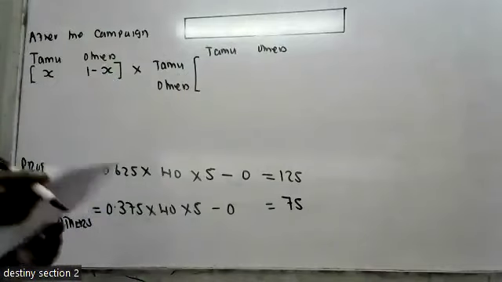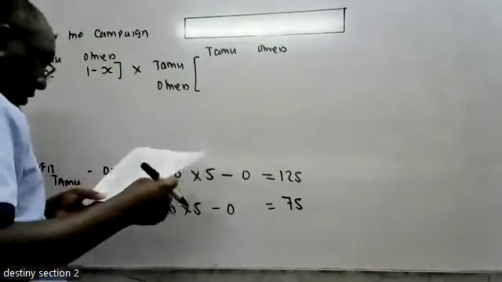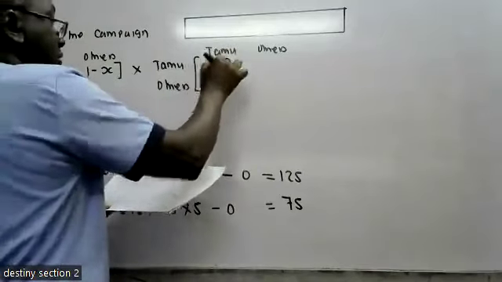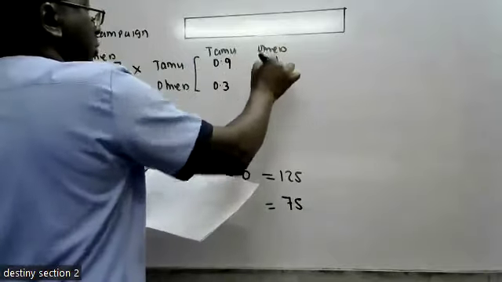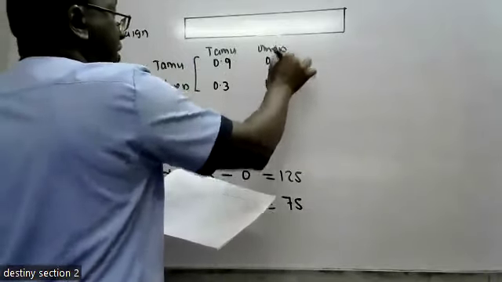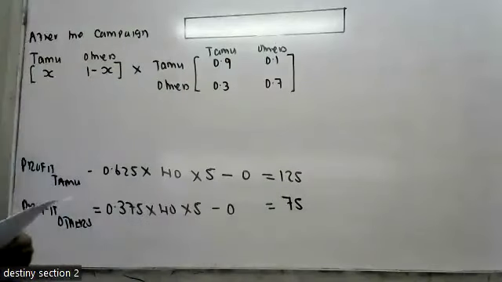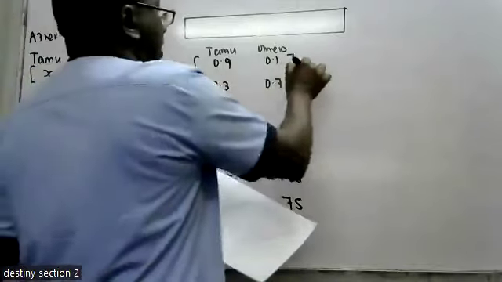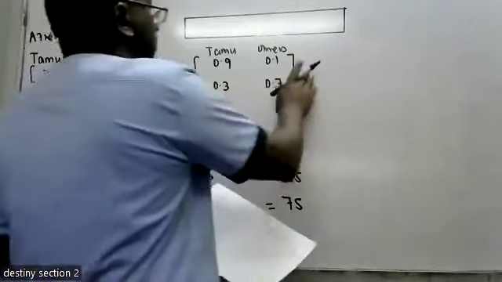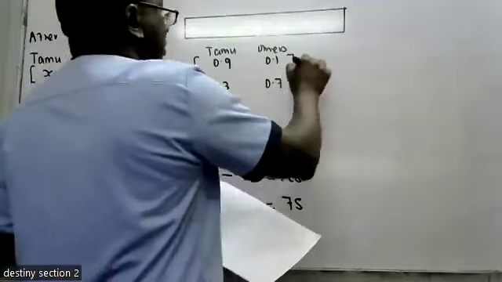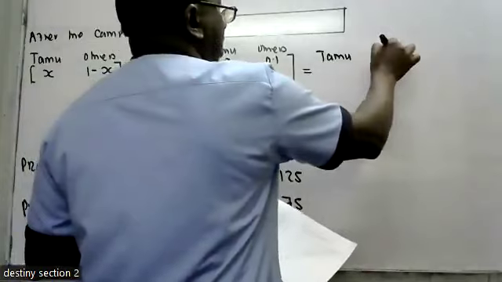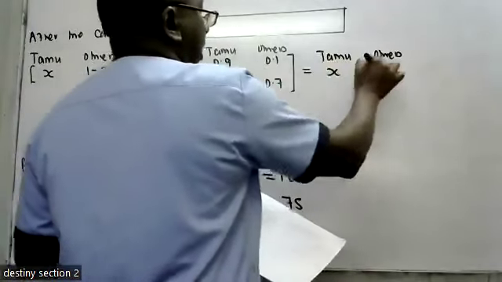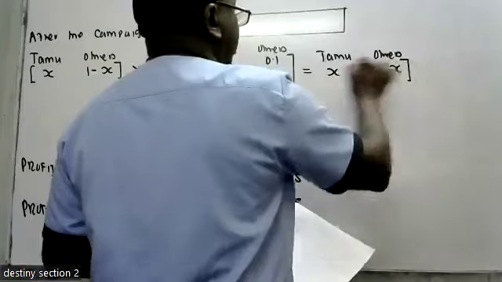So after the campaign, the transition matrix here is 0.9, 0.3, this is 0.1, this is 0.7. Now the answer becomes, we have term here, and we have others. This is x, this is 1 minus x.